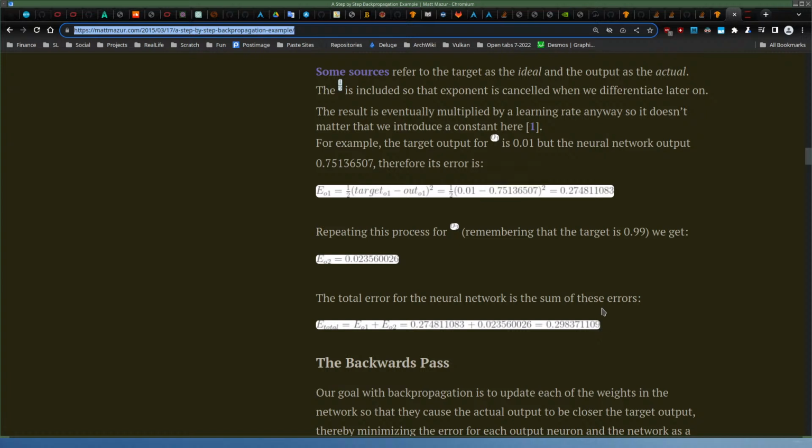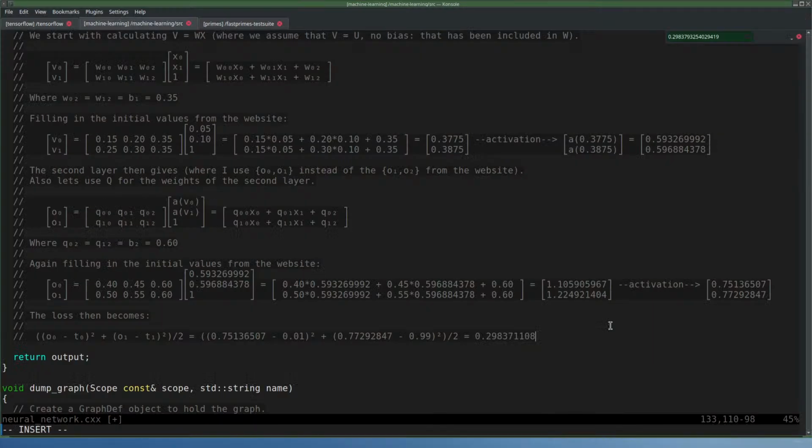My calculator says it's an 8. I believe my calculator. Anyway, it seems to work. But that's not interesting. Interesting is the gradient stuff.